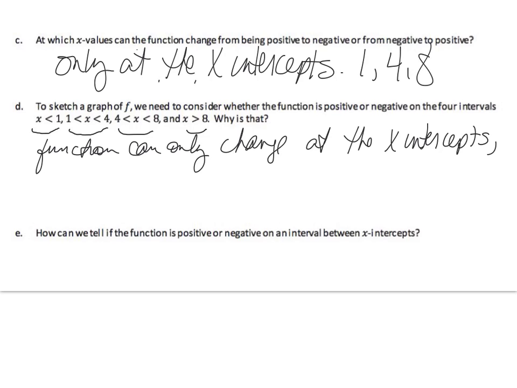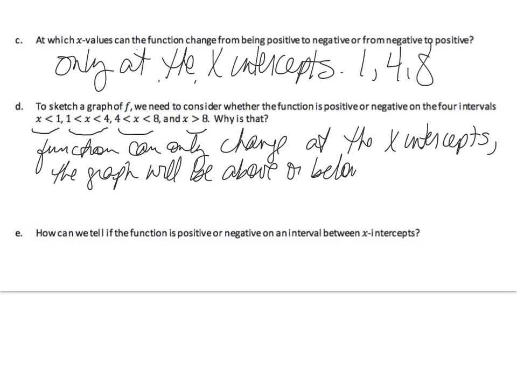So the function can only change at those intercepts, and the graph will be above or below the axis between those intercepts.